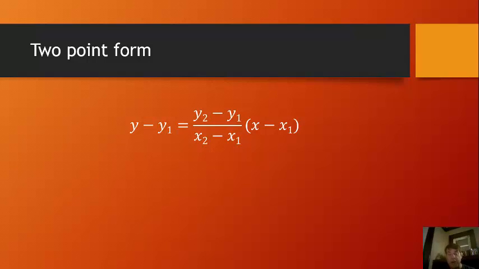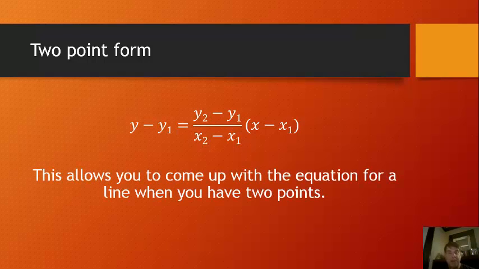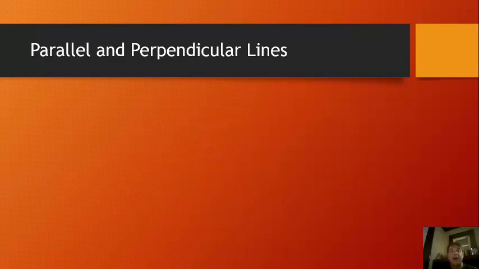You can see that y2 minus y1 over x2 minus x1, that's the slope. That's the m anyway. And then the rest of it's just basically the point-slope form. So you can use this two-point form. It allows you to come up with the equation for a line when you have 2 points, but you don't know the slope.